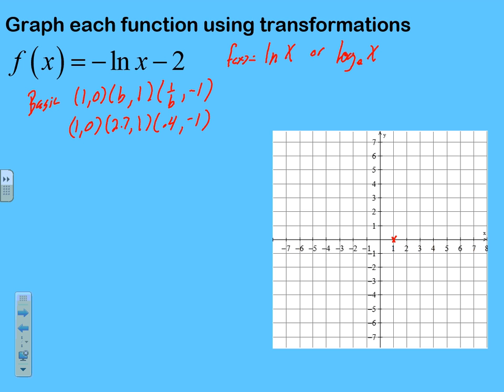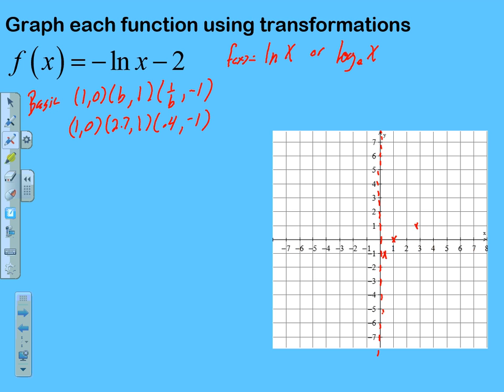So 1, 0 again, and about 2.7 and 1, so about right here, and about 0.4 and negative 1, so probably could move that one a little bit over. So I'm going to go ahead and do that because it is a little closer to the halfway mark. Okay, and of course the vertical asymptote of the basic function would be right here.